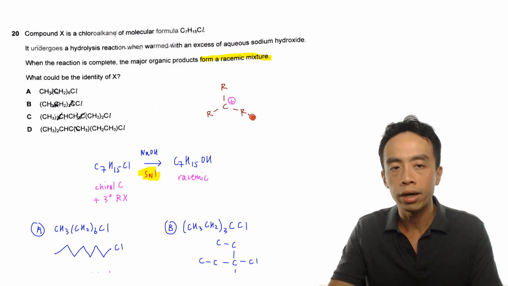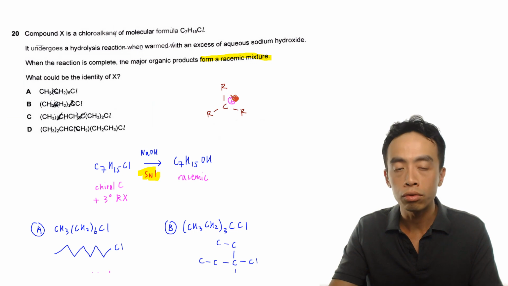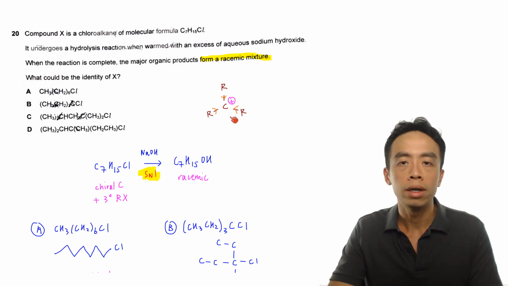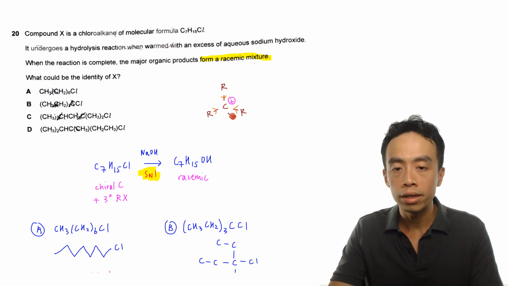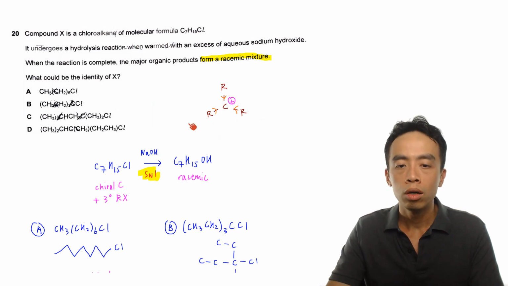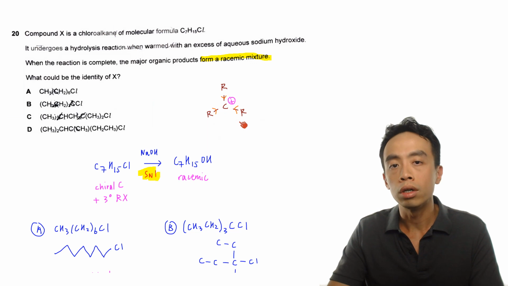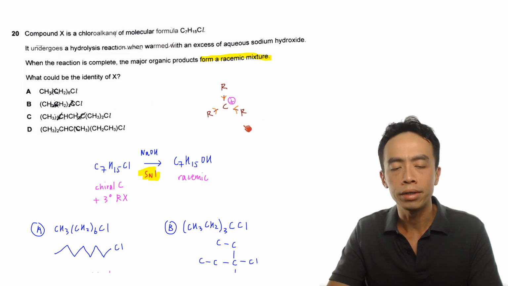Now this carbocation, because it is attached to 3 electron donating R groups, all these 3 R groups will donate electrons or push electrons to carbon. So you make this carbon less positive, and this is stabilizing. So a tertiary halide will form a more stable carbocation. So in turn, it will favor SN1 mechanism.